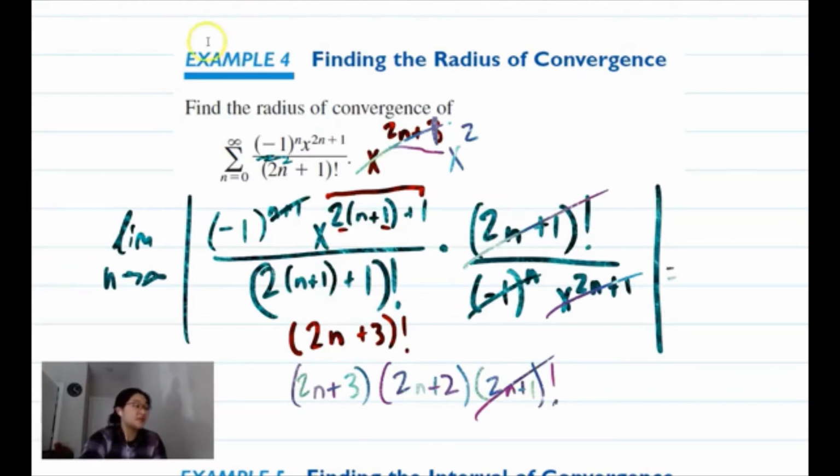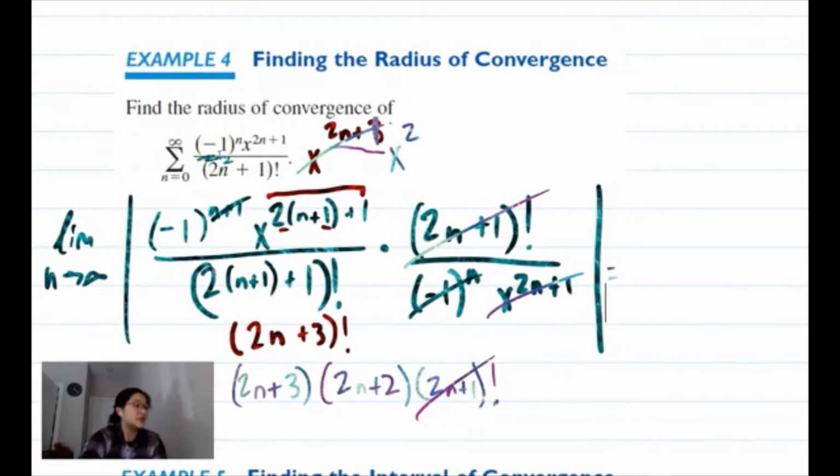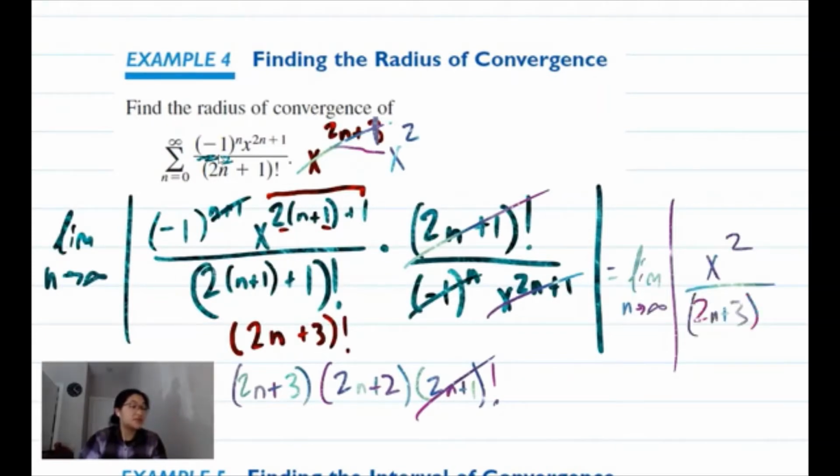We're left with the limit as n approaches infinity of the absolute value of x squared over 2n plus 3 times 2n plus 2.